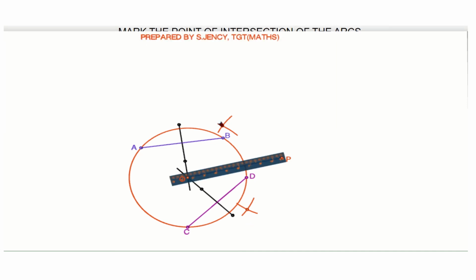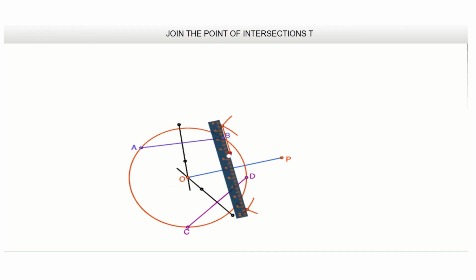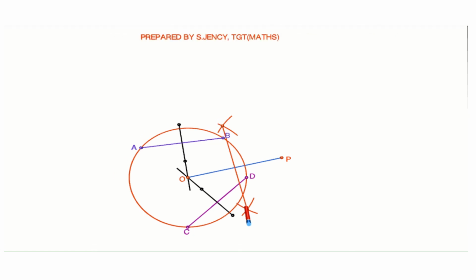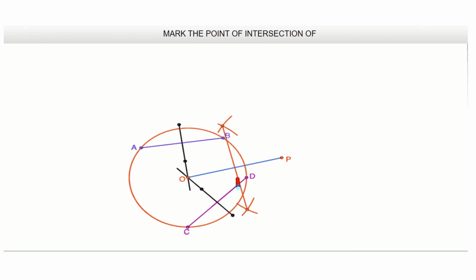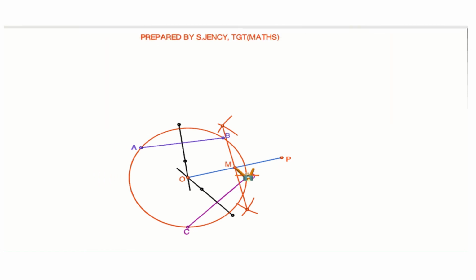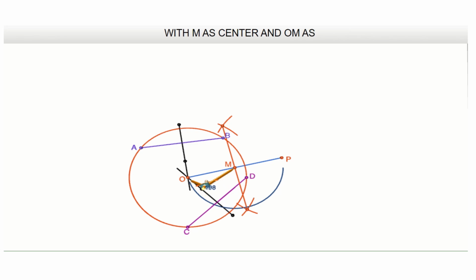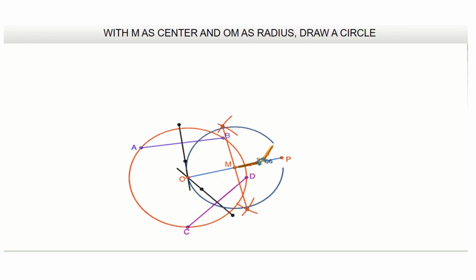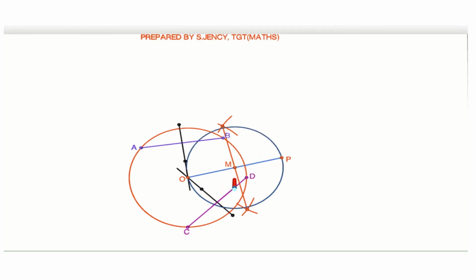And join the two points, which is the perpendicular bisector of OP. Now, this intersecting point I am going to mark as M, keeping M as my center, MO or MP as my radius. I am drawing a circle.